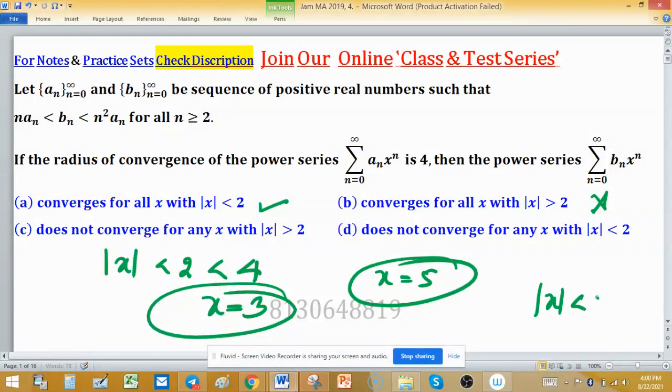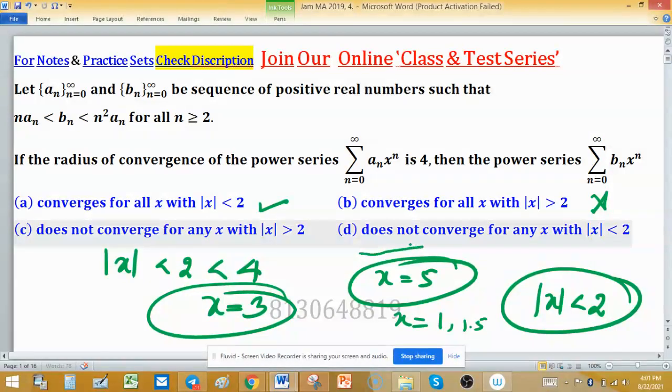But for mod x less than 2, the series is convergent, as you can say for x equal to 1, x equal to 1.5, and whatever number whose absolute value is strictly less than 2, that series will converge. But the statement given says it does not converge, so that's why option D is wrong. So the correct option is only option A.